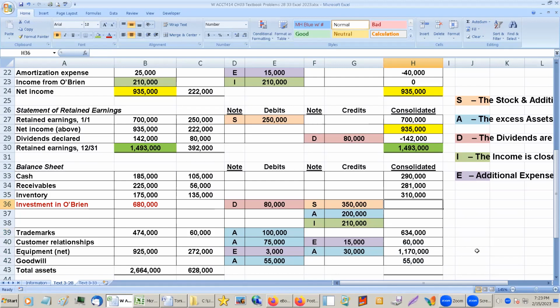All right, and let's see if this investment account works. Yep.